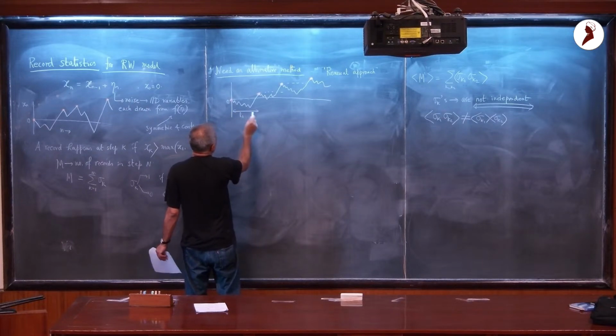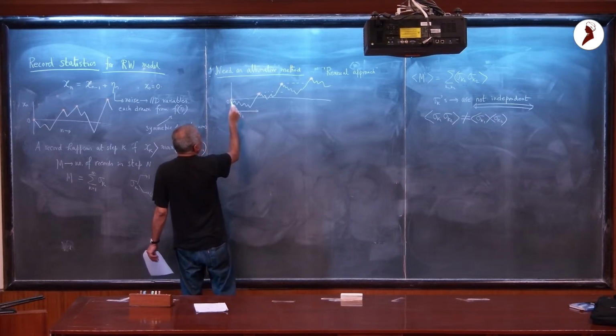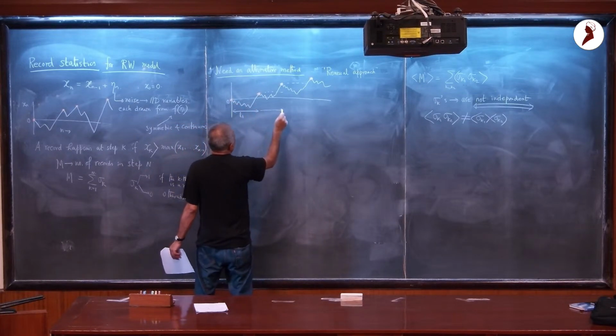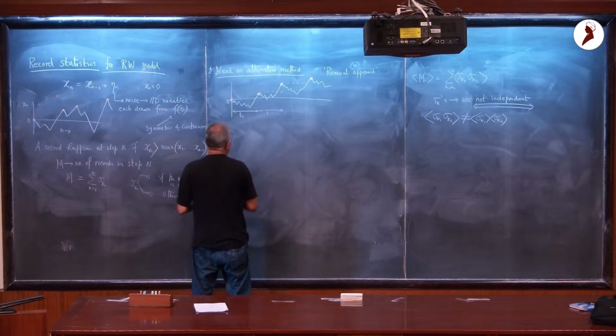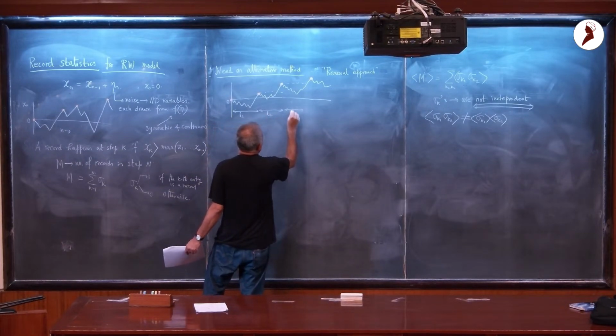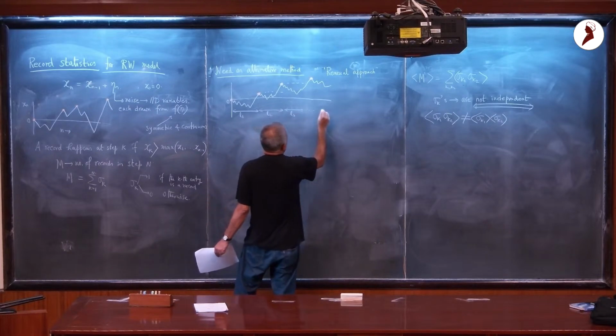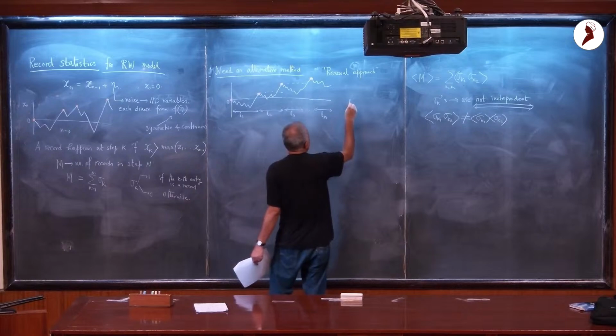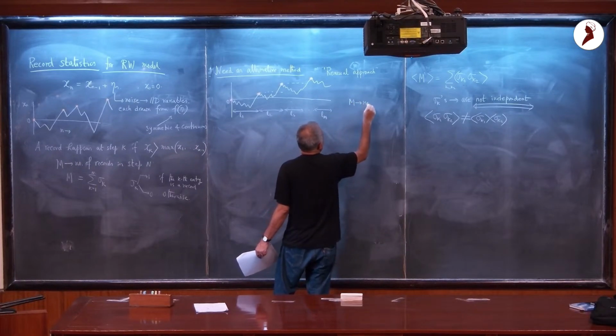And as before, these are the record ages. L1 is the number of steps that the first record remained a record before it got broken. L2 is the age of the second record, L3 the third record, and so on. And the last record, which is yet to be broken, is just LM, if there are M records. M is the number of records in the configuration.